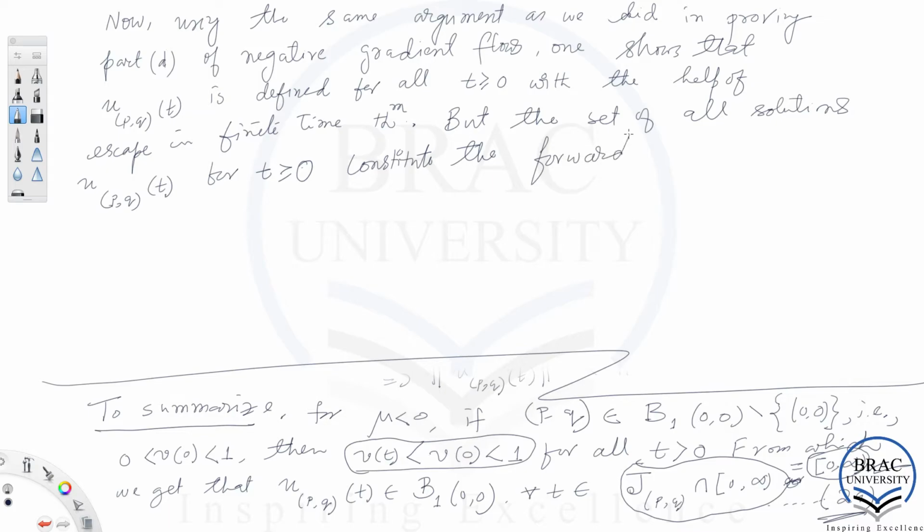The forward semi-orbit gamma plus p comma q. Hence we have shown that gamma plus p comma q is contained in this ball, right, of radius 1 centered at the origin.